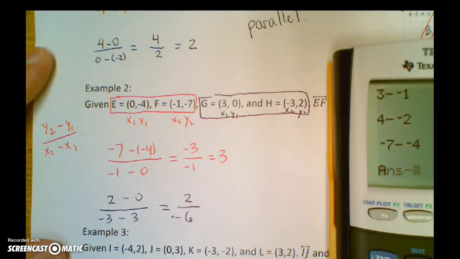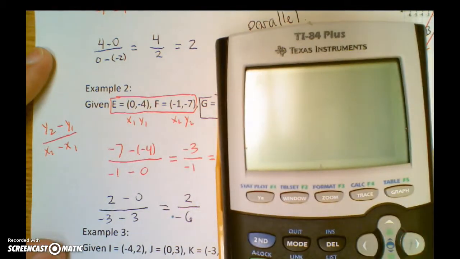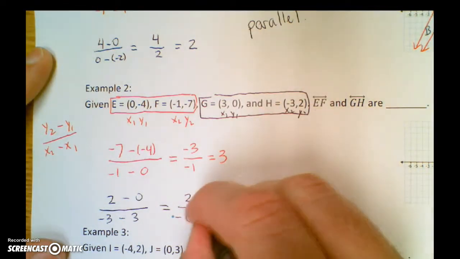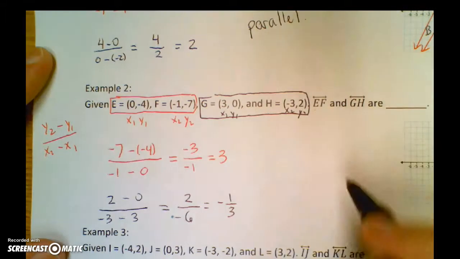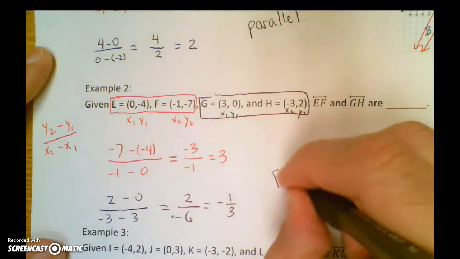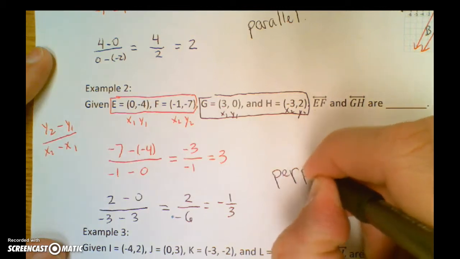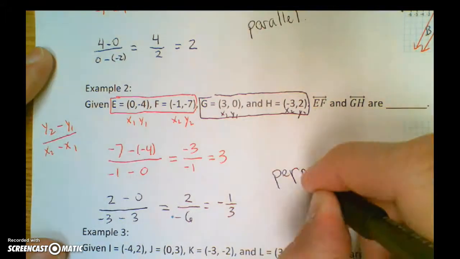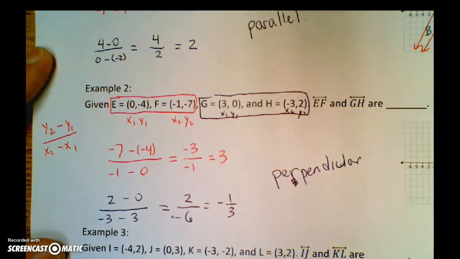Let's simplify that though. 2 divided by negative 6 gives me that weird answer. Hit math, fraction, and it gives me negative 1/3. So these slopes are opposite reciprocals, so they're perpendicular. For perpendicular lines, you don't need to graph them because they're not going to be the same line. It's only for parallel lines that you'd have to graph.